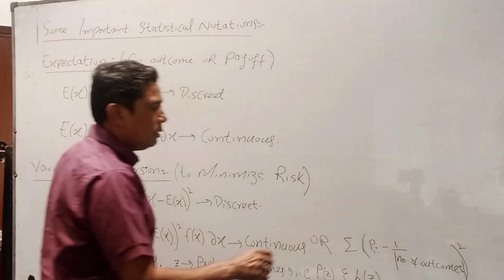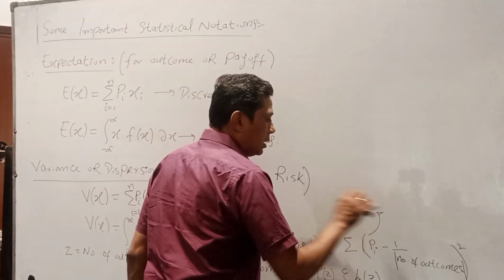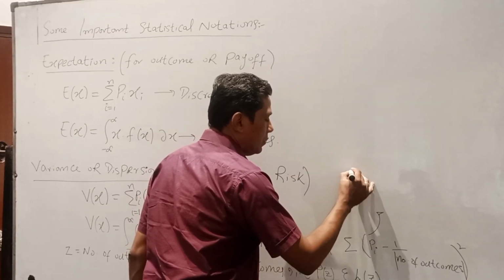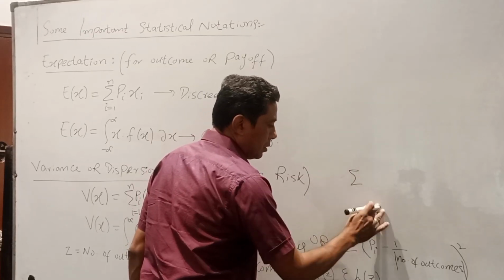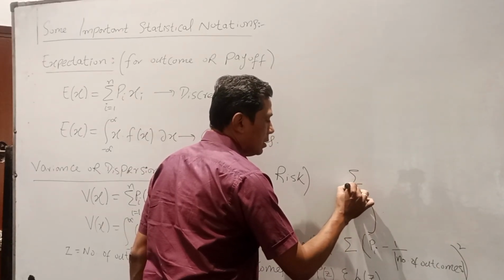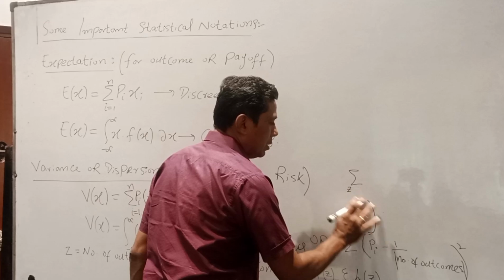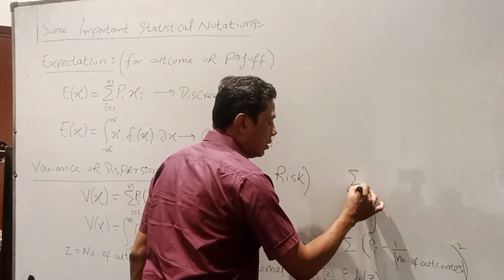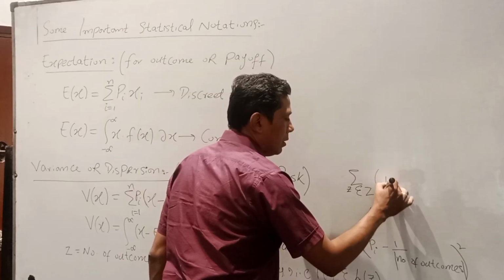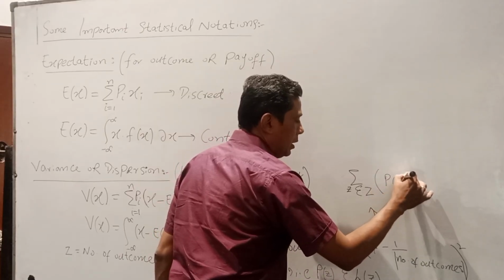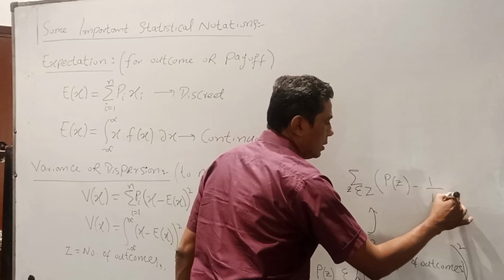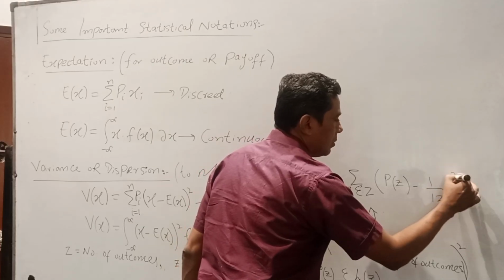So in that condition, this dispersion may be written as the sum over small z belonging to Z of the probability minus 1 over Z, number of outcomes, squared.